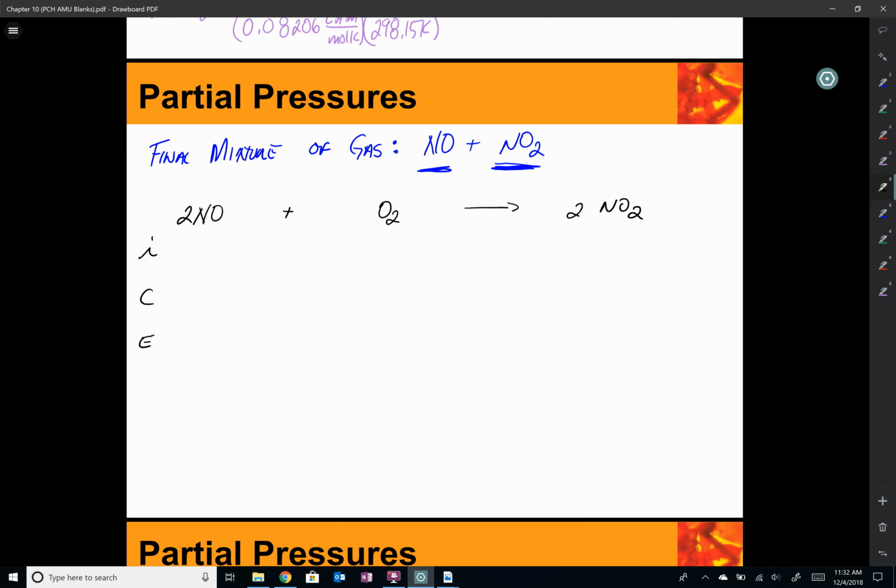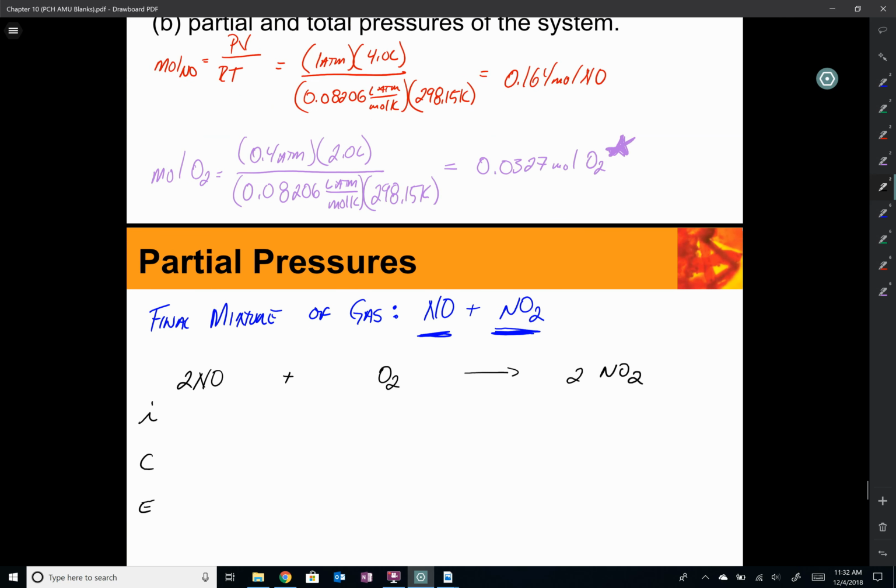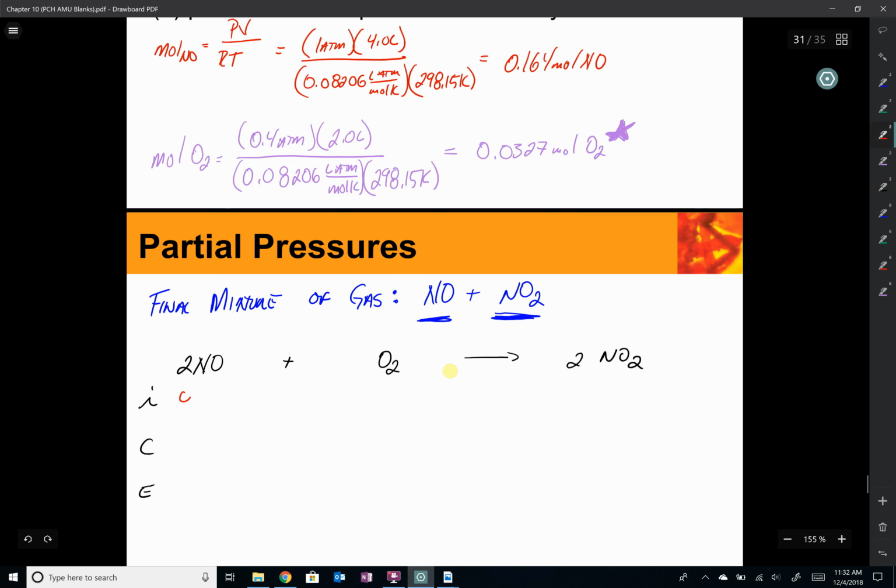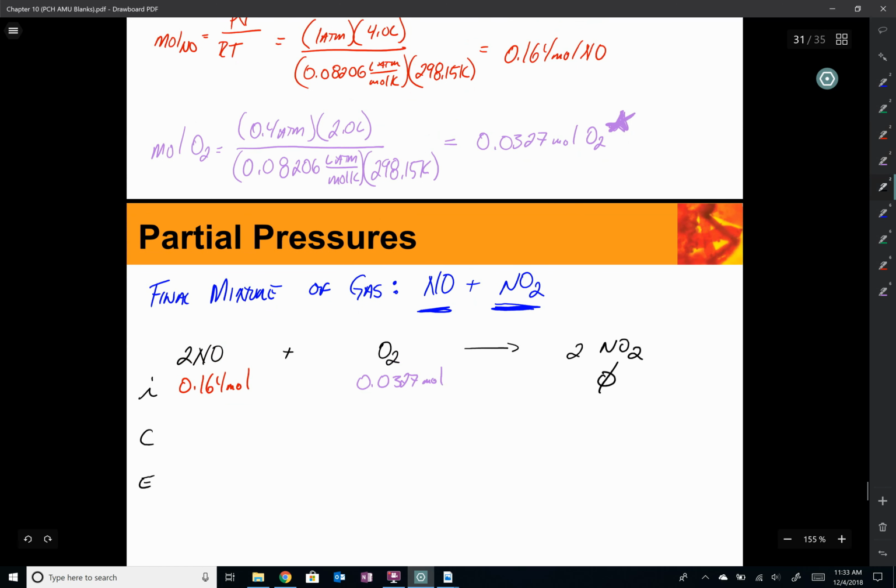The initial amounts that we have, what happens during the reaction for changes, and what happens at the end. So my initial is the stuff that I calculated up here. I initially have 0.164 moles of that. I initially have 0.0327 moles of this. And I initially have none over here. We don't start out with any of our product.